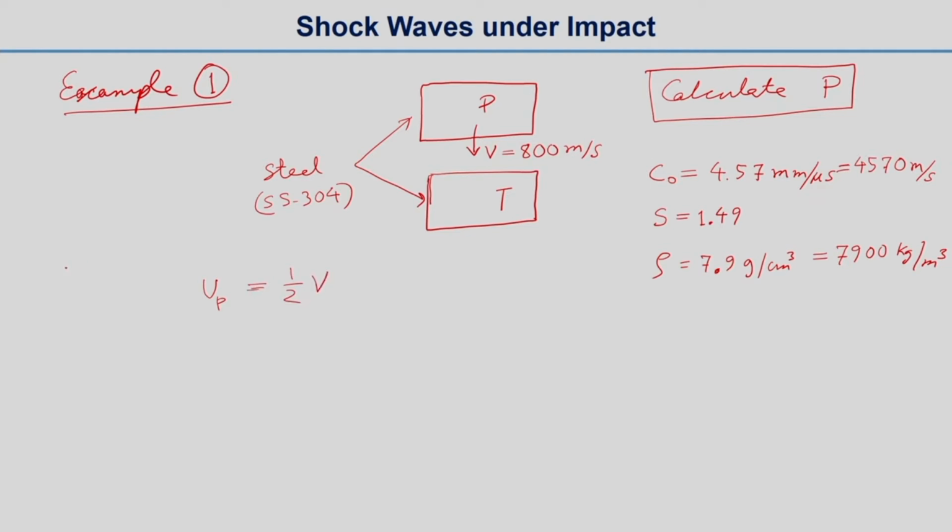This is the particle velocity generated after the impact. So UP equals half V, which is 800 by 2, 400 meter per second.